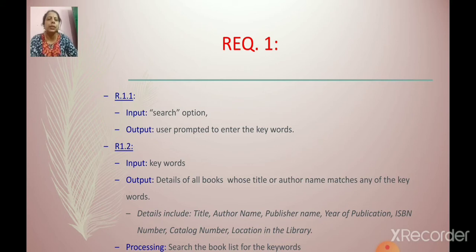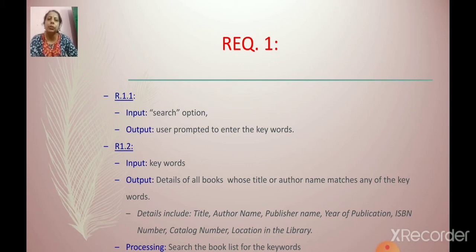Next, in requirement 1.2, the input is the keyword. The user will give the keyword, meaning the book name or the author name. Then the output will be the details of all books whose title or author name matches any of the words. The details include title, author name, publisher name, year of publication, ISBN number, catalog number and location in the library.